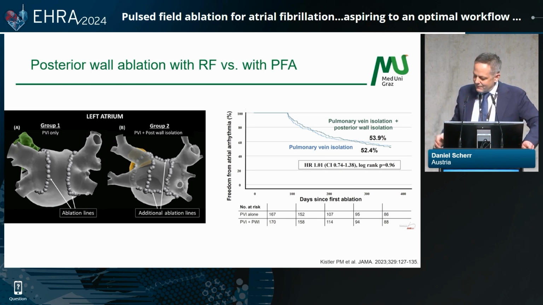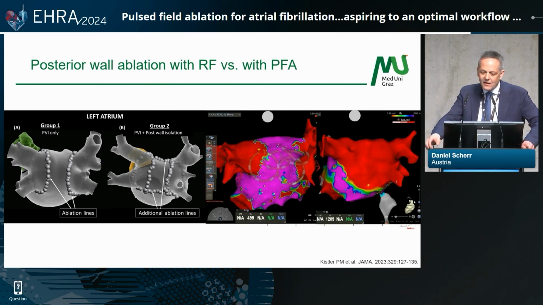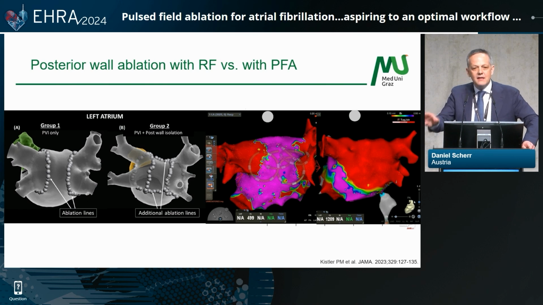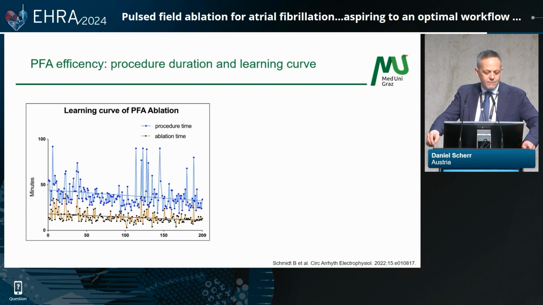Maybe there is no value in systematically ablating the posterior wall in all our persistent AF patients. Now, it can be done very easily and very feasibly with single shot devices, with the pentaspline catheter, and we do that in selected patients, but the proof of concept is still out there that the systematic isolation of the posterior wall is of benefit for our patient.